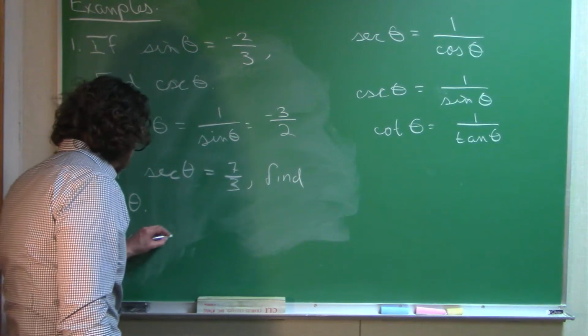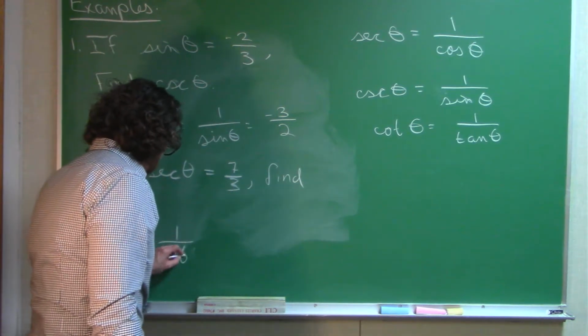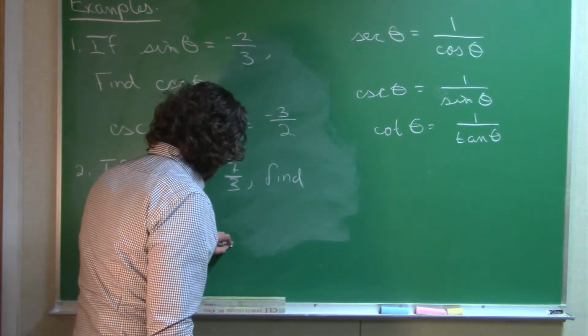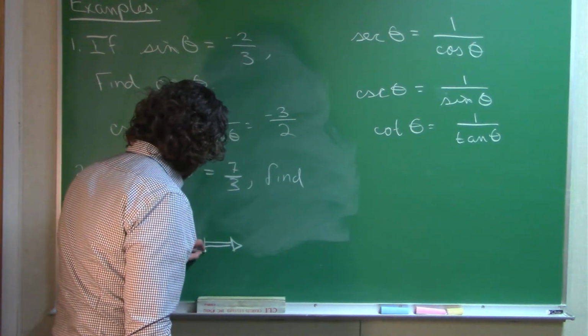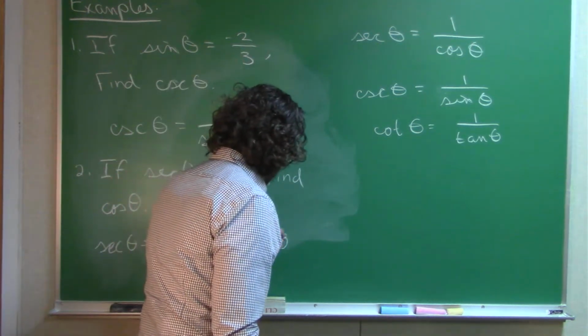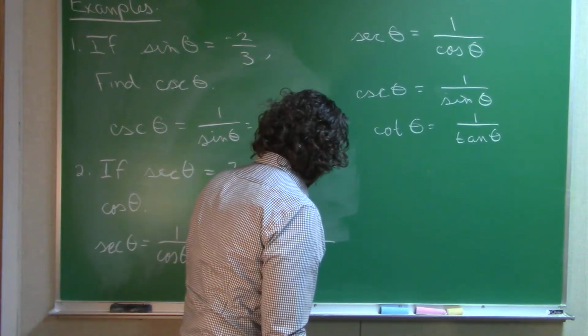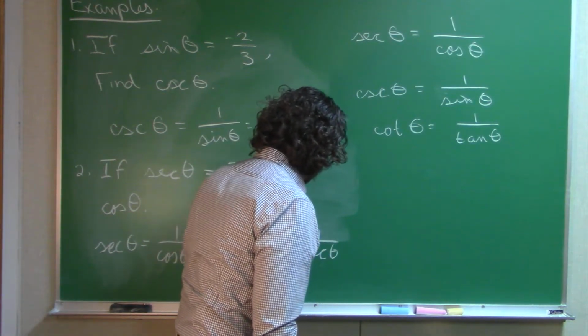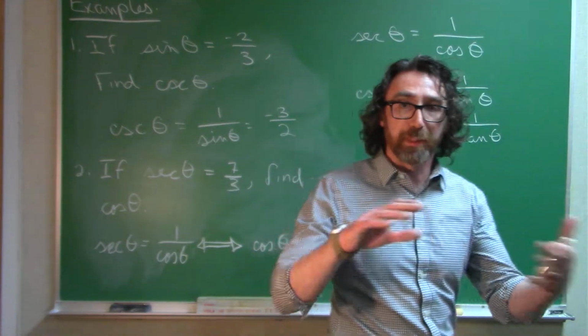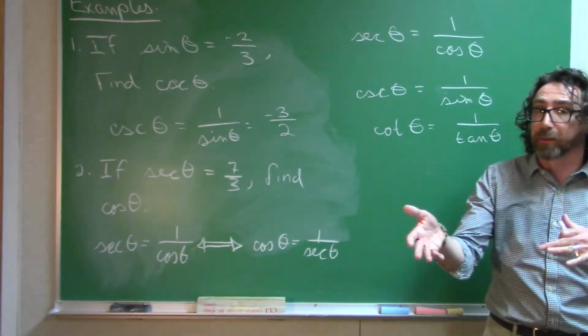So secant theta equals 1 over cosine theta. That's equivalent to saying cosine theta equals 1 over secant theta. The relationship of being reciprocals is a symmetric relationship.